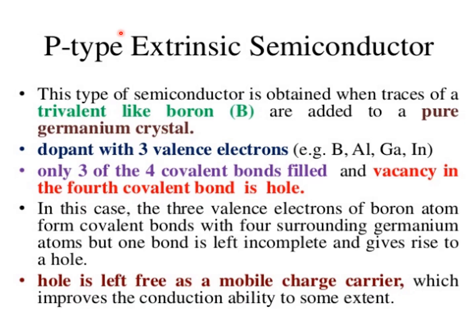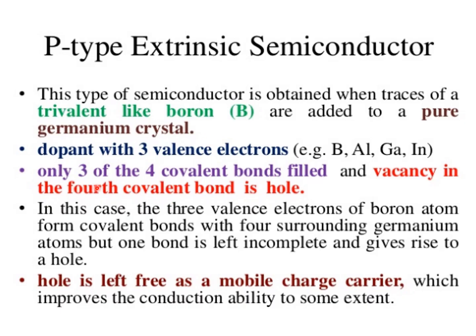So when do we get P-type extrinsic semiconductors? If the pure semiconductors, germanium or silicon, are added with a trivalent element, that means 3 valence electrons, third group elements, then what will happen? Third group element examples are boron, aluminum, gallium, indium, like that.